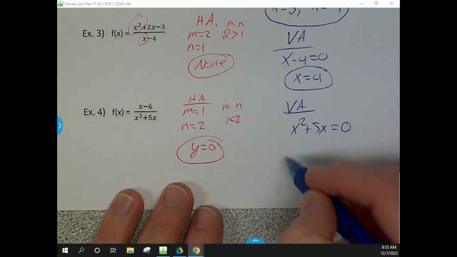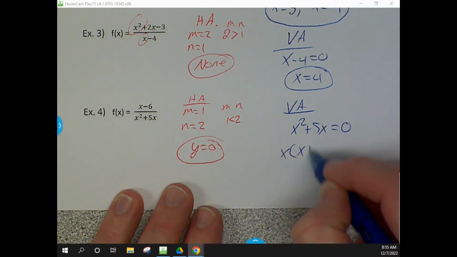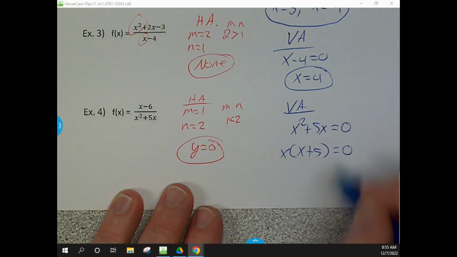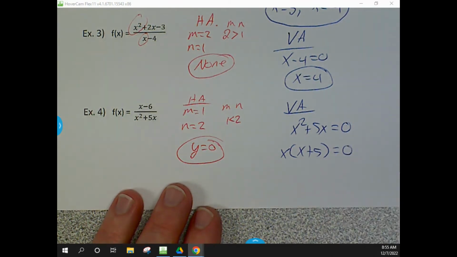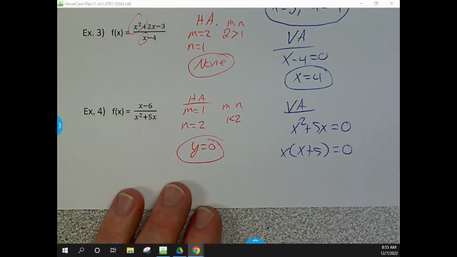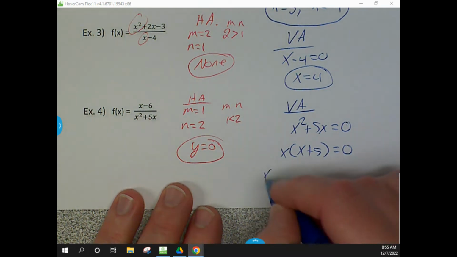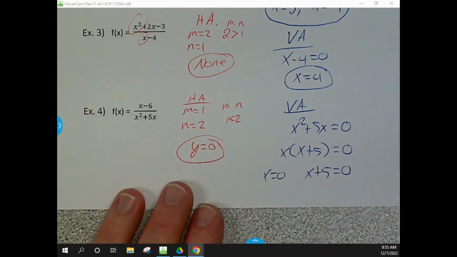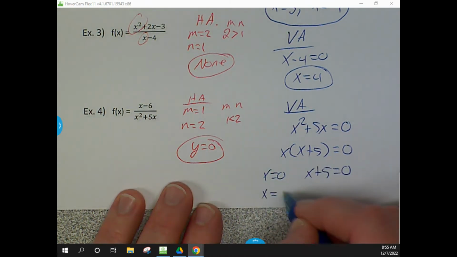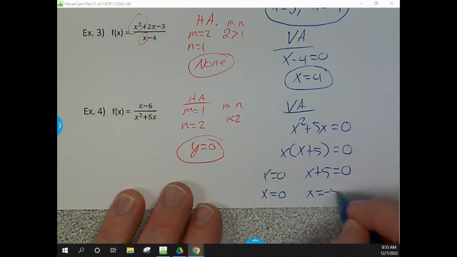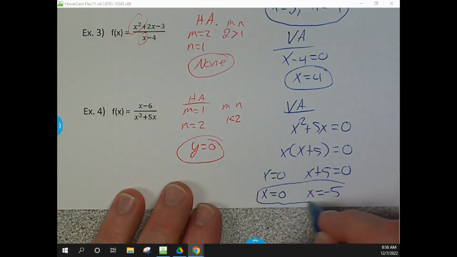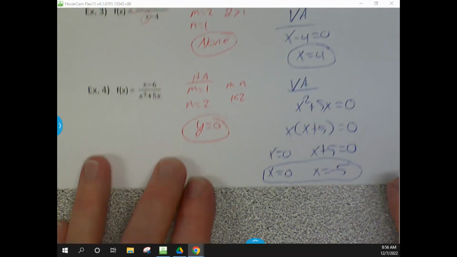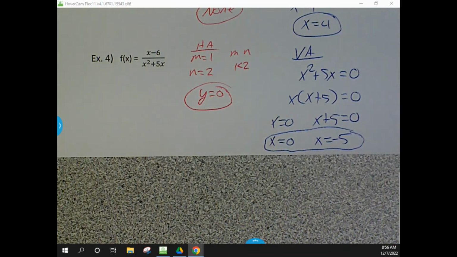They both have an x, so we can take the x out. Now you've got it factored as far as it can go. So now you set x equal to 0 and x plus 5 equal to 0. Again, we've got 2 asymptotes. One's going to be at 0, and the other's going to be at negative 5.